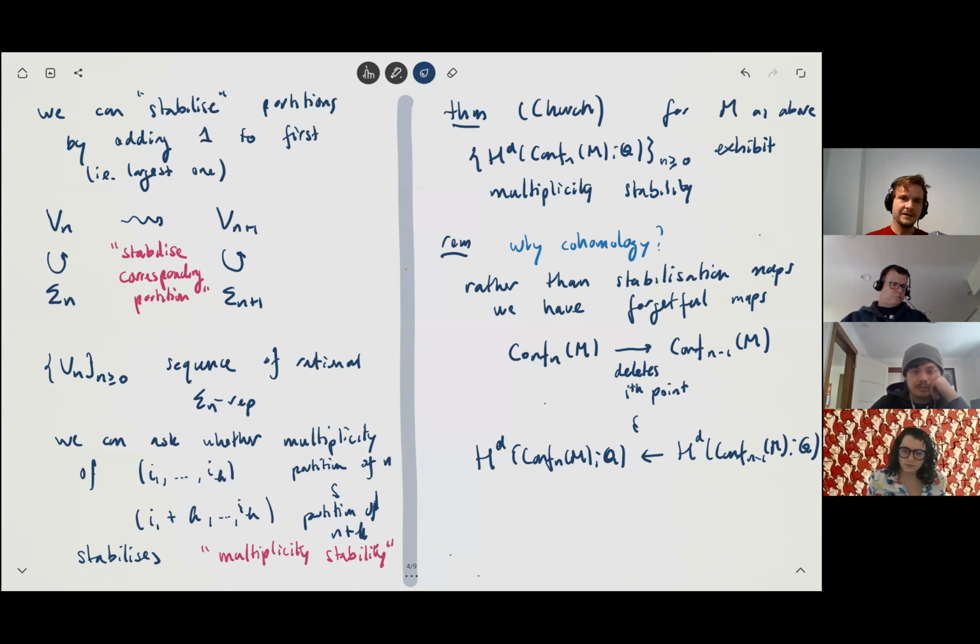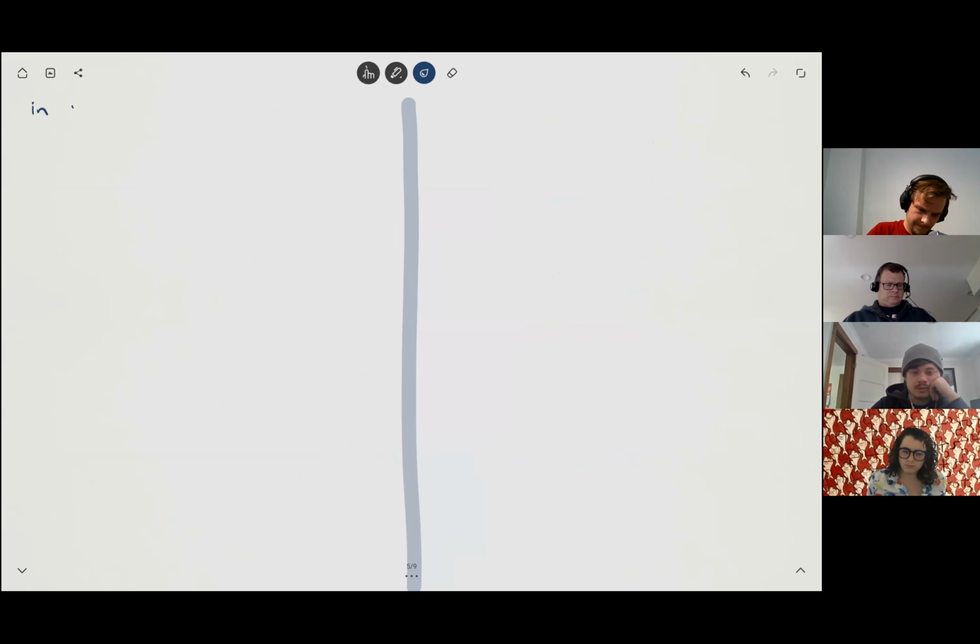I mean, this even occurs when you look at configuration spaces, but look at their cohomology with integral coefficients rather than rational coefficients. So to deal with that, you rather study the representation theory of certain categories.